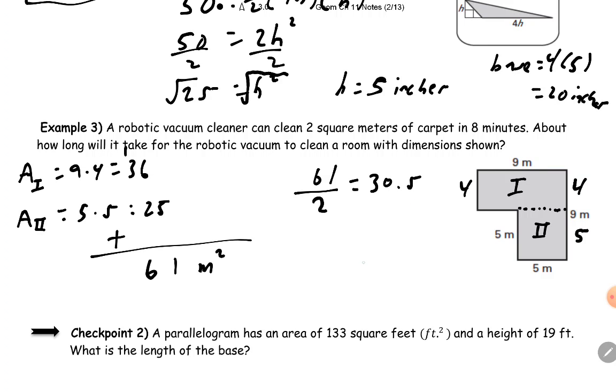We're going to take that 30.5 and times it by 8 minutes. And that'll take 244 minutes, which is roughly, if you divide by 60, roughly 4 hours.